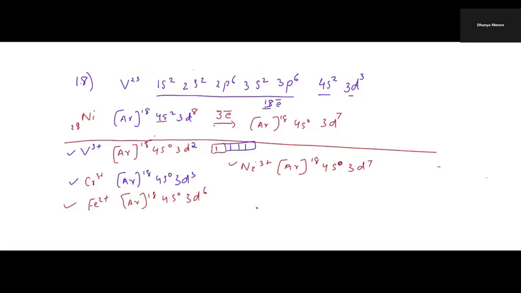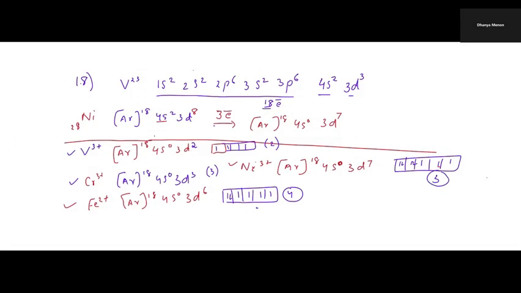Here the number of unpaired electrons is 3. Here, 1, 2, 3, 4, the number of unpaired electrons is 4. Here, 1, 2, 3, the number of unpaired electrons is 3.